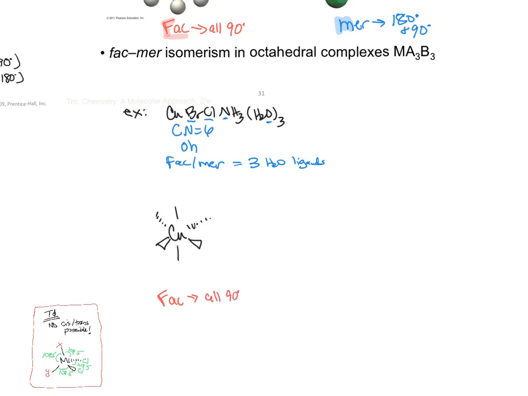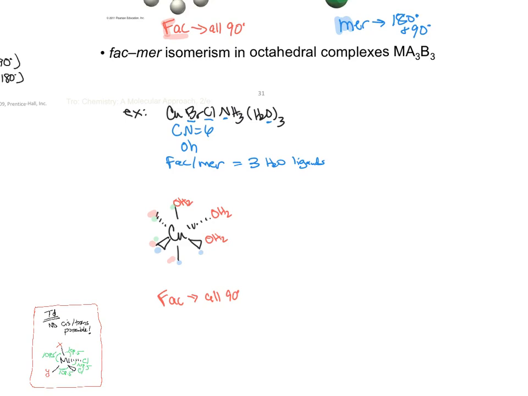And my waters are going to be fac, OH2, OH2, OH2, all at 90 degrees. I could also have chosen to put them in this position, 90, 90, 90. I could have also had 90, 90, 90. So there are many different 90, 90, 90 configurations where they're all at 90 degrees. So there's not only one right answer for these structures when you draw them.